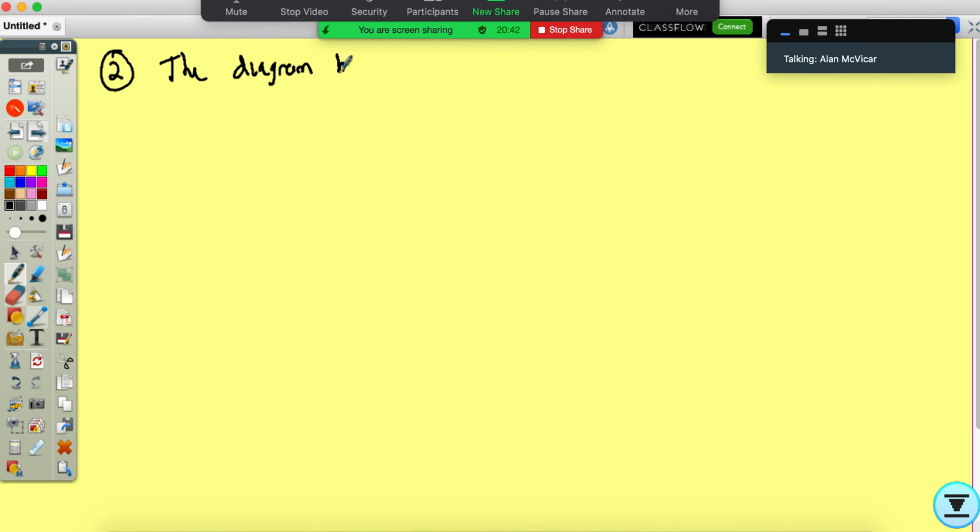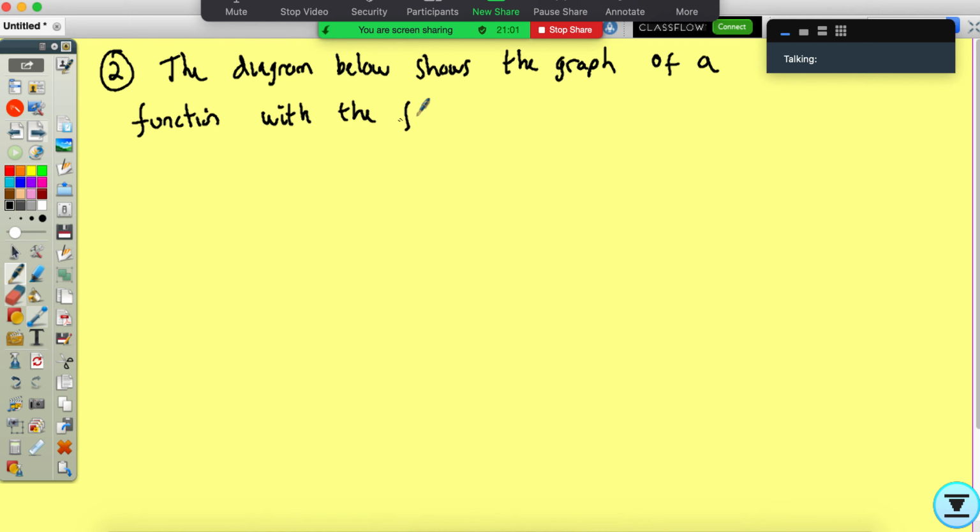The diagram below shows a graph of a function with the form y equals a e to the power of x, right?